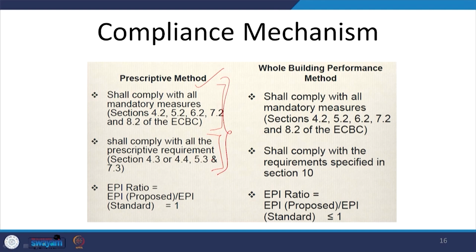One, partly we can trade off, where the envelope can be designed and there can be a trade off within the different features of the envelope only. So, we can trade off between the performance of wall with that of fenestration, or between the performance of roof with that of wall, or like that, but the overall energy performance index remains the same.